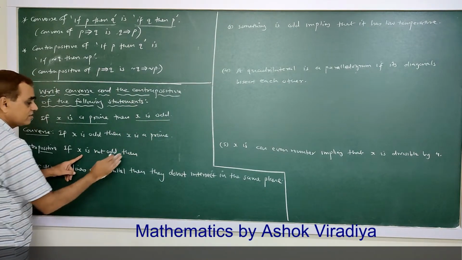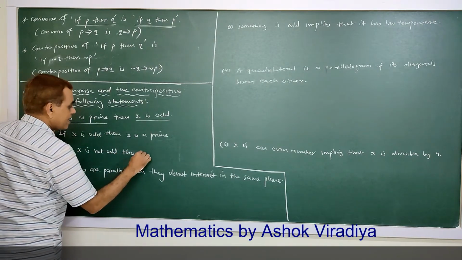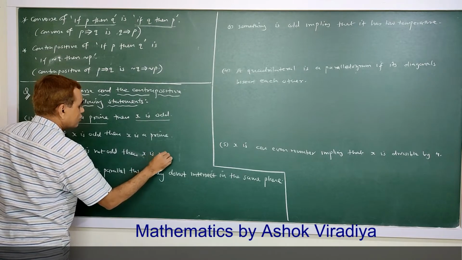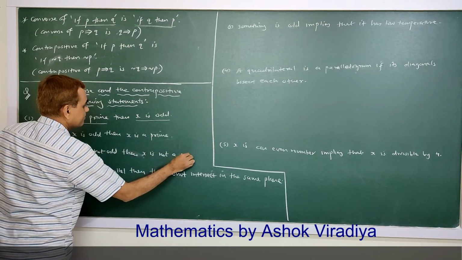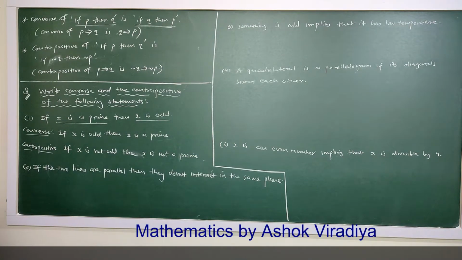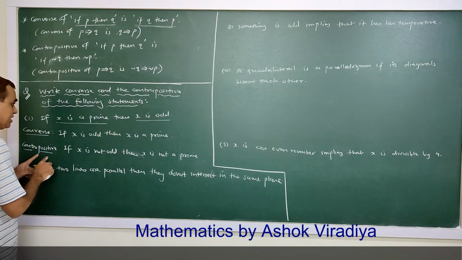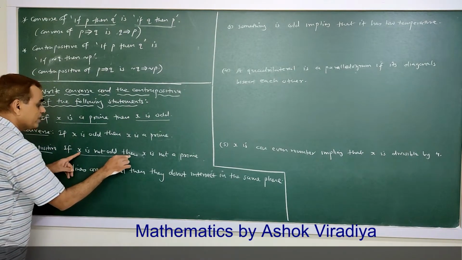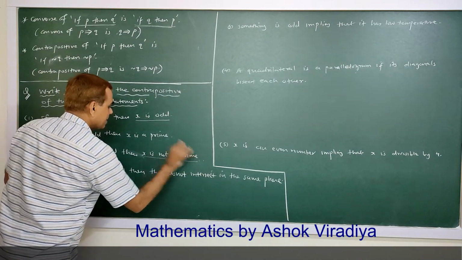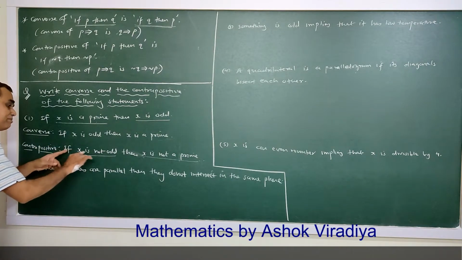Then put the negation of P. x is not a prime. If P then Q, its contrapositive is if not Q then not P. Here the meaning remains the same. Contrapositive means a statement with the same meaning.